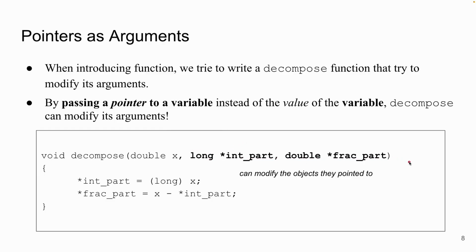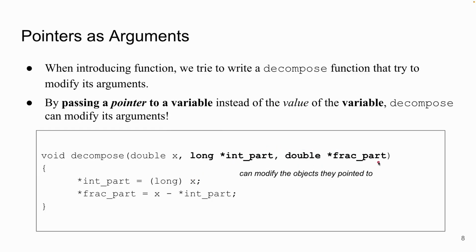But when we introduced the decompose function in the previous lesson, we said that a function cannot modify the arguments we pass in, so we cannot store the integer part and the fractional part back through the parameters.